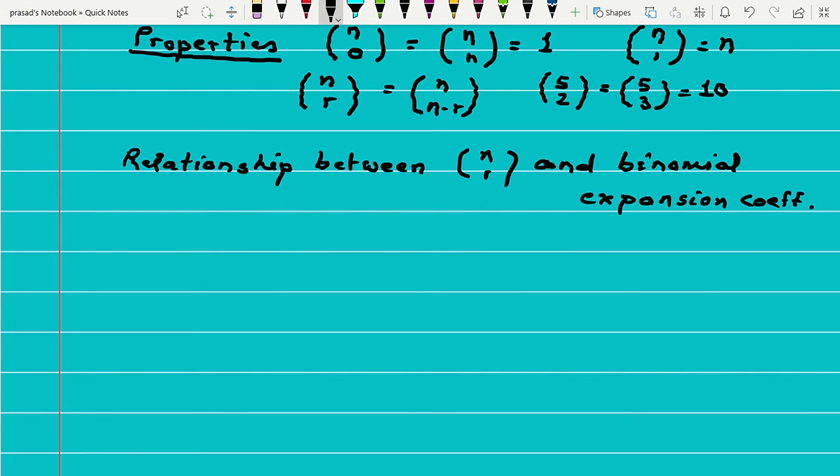So consider the expansion of a plus b the whole square. Now by using the Pascal's triangle, what are the coefficients in a plus b the whole square expansion? 1, 2, 1. And these coefficients in the combination notation, I can write it as 2C0, 2 I can write it as 2C1, and again 1 I can write it as 2C2.